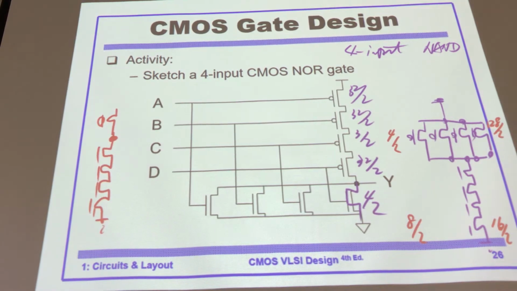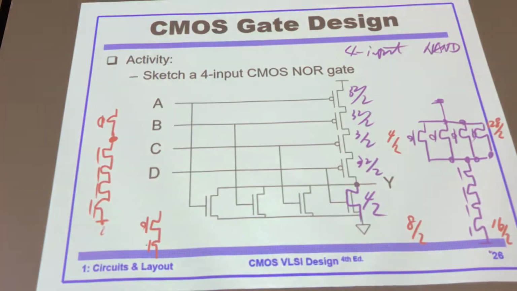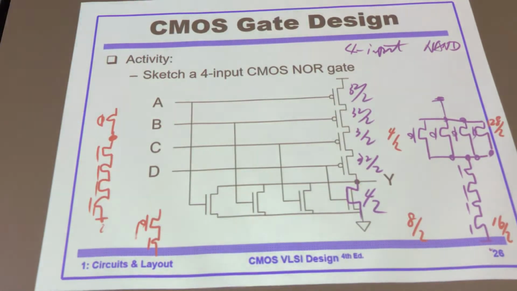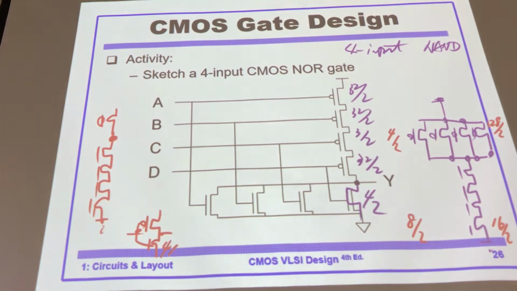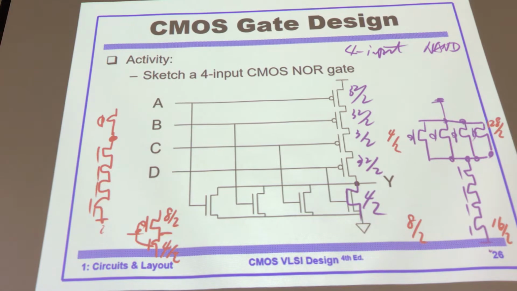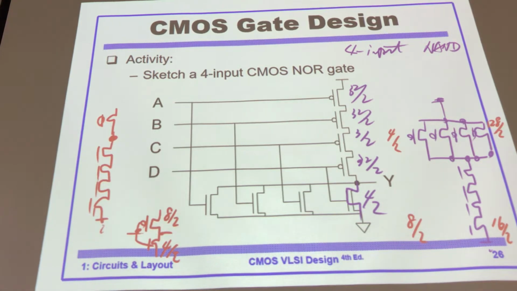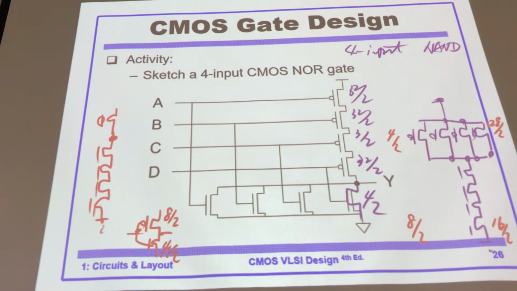In the beginning, for 1P and 1N, it should be 4 over 2 and 8 over 2. That's the basic inverter. Applying that to this 4-input NAND gate, temporarily we just assume 8 over 2, the same.